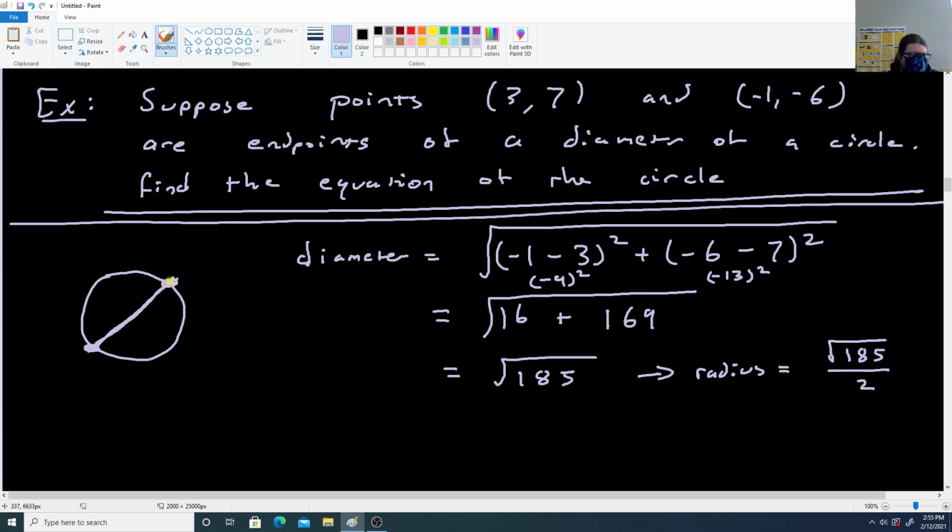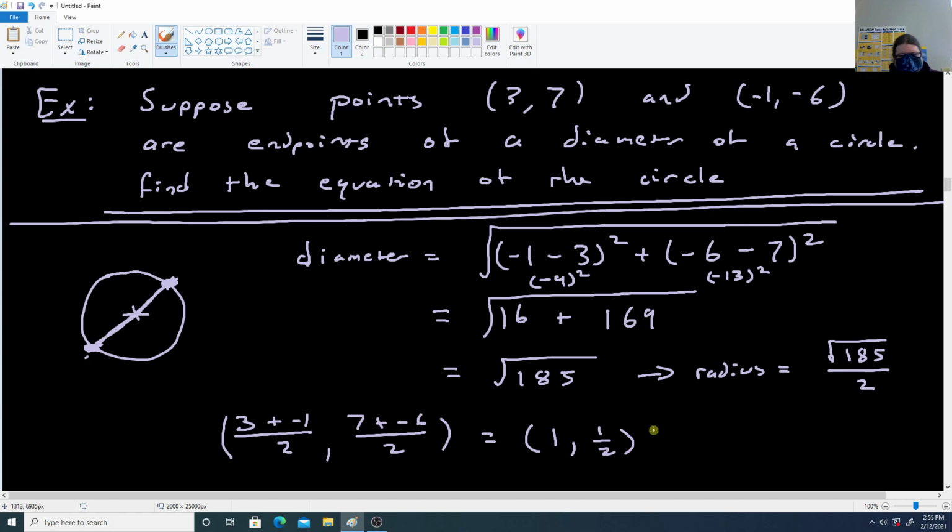If we use the midpoint formula from the previous section, since these are on either edge of the circle, the midpoint of them should fall right in the center. So I'm going to calculate the midpoint. That will be the x values added together, divided by 2, and then the y values added together, divided by 2. This will be 3 minus 1 is 2, 2 over 2 is 1. 7 minus 6 is 1, so that'll be 1/2.